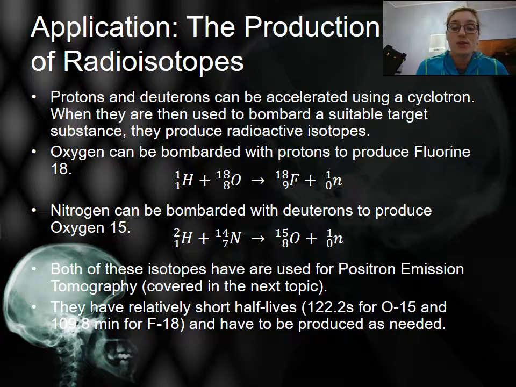They have really short half-lives, both of these isotopes, so 122.2 seconds as a half-life for oxygen-15 and 109 minutes for fluorine. So they have to be produced as necessary, and it's quite exciting that South Australia now has a fully operational cyclotron at the new SAMRI building, because before that all of our radioisotopes had to be flown in from the cyclotron in Melbourne.